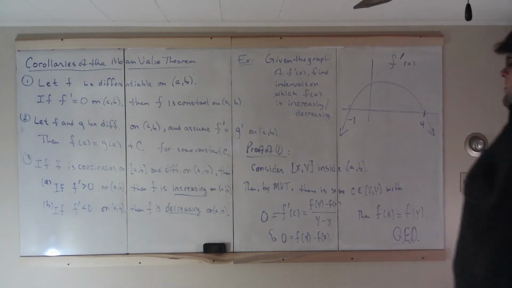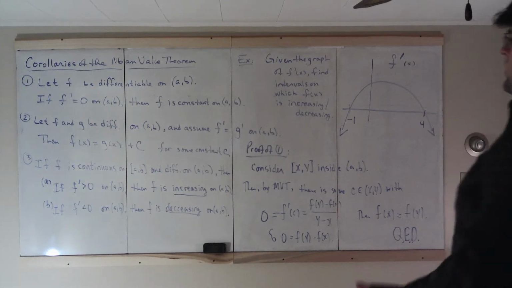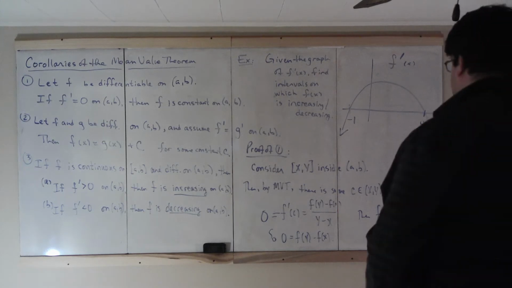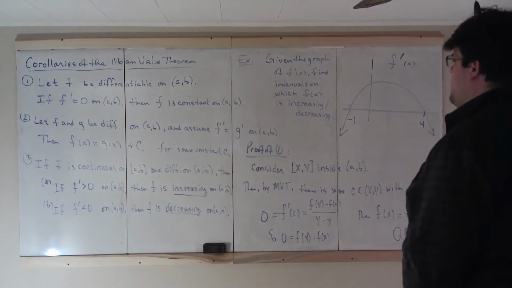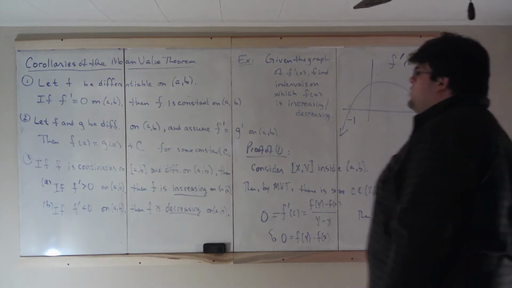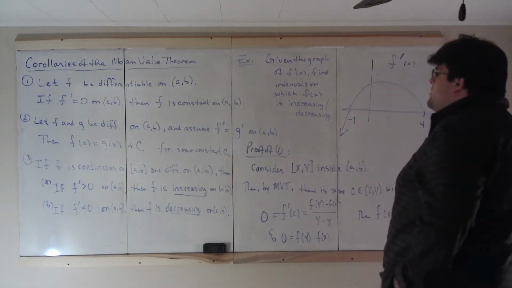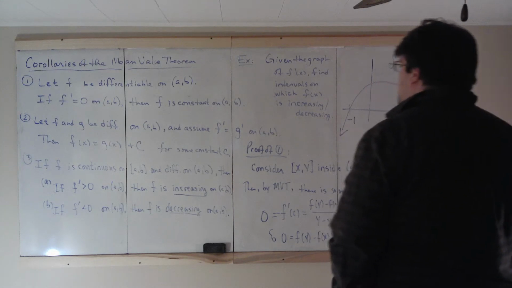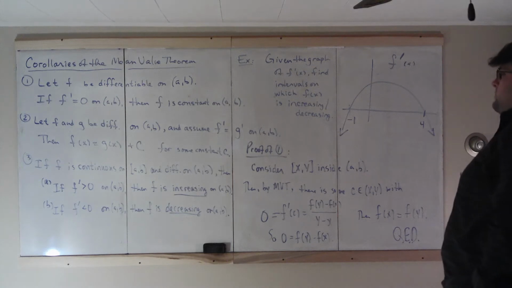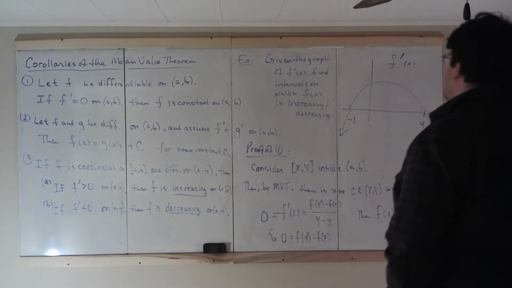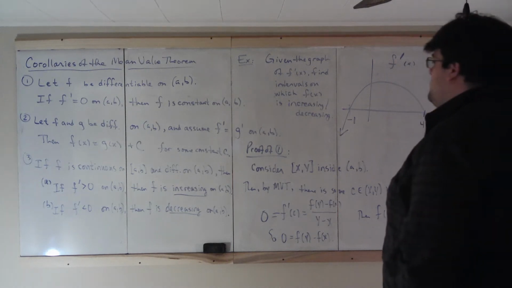So we have that. If f prime is 0, then f is constant. We're going to use that result in Chapter 5, the week after our next exam. Number 2, let f and g, two functions, be differentiable on open (a, b), and assume f prime equals g prime on that interval. So the derivatives are the same. Two functions have the same derivative.